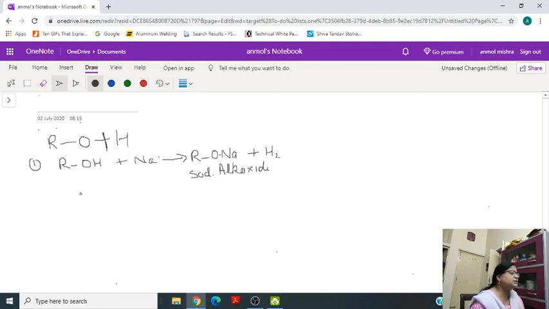We can take the example of tertiary alcohol. In tertiary alcohol, it reacts with sodium. Again, it will form tertiary alkoxide.